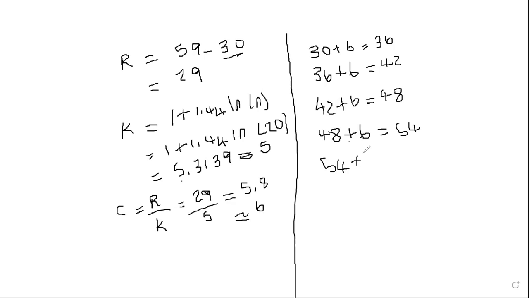If my last value here is 59, it can also be accommodated, so it's going to be 60, right?